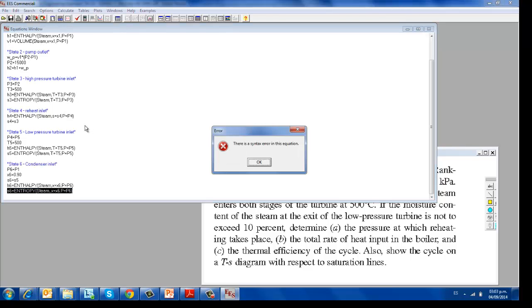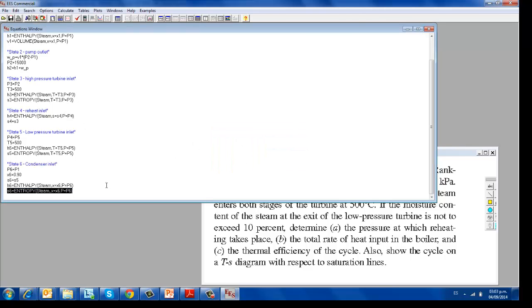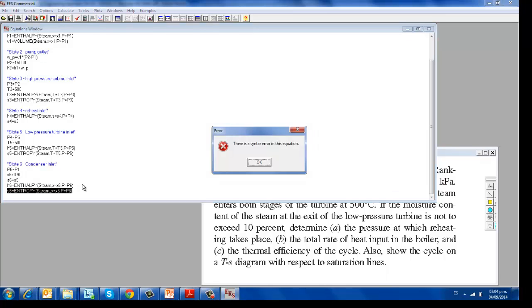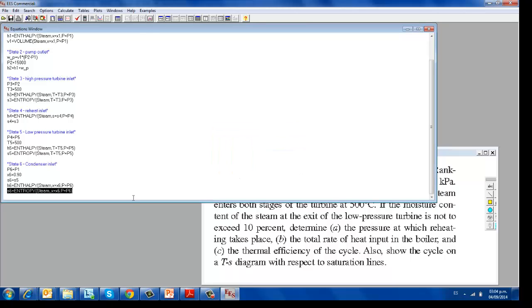So we press F2. Oh, there's a syntax error in this equation. Okay, let's look for it. We have two commas here. F2.